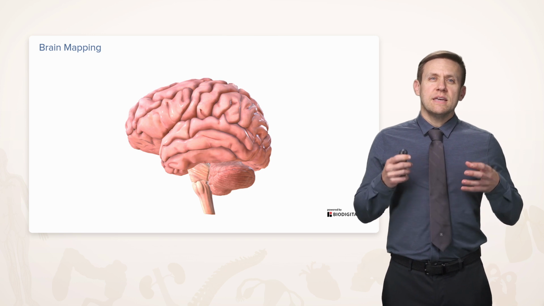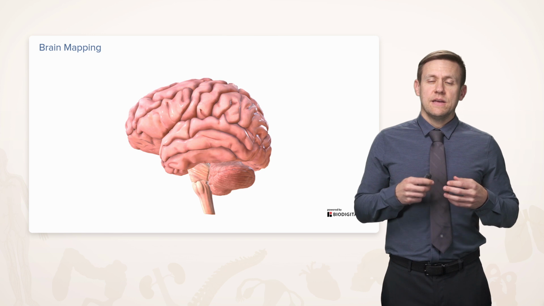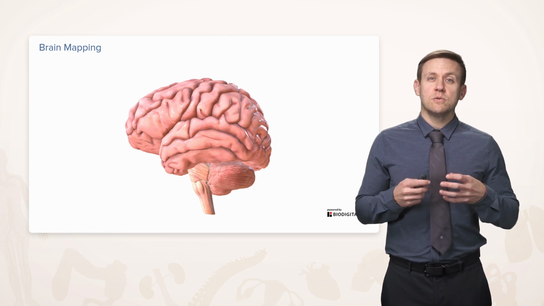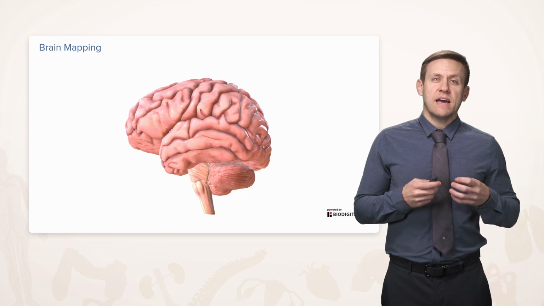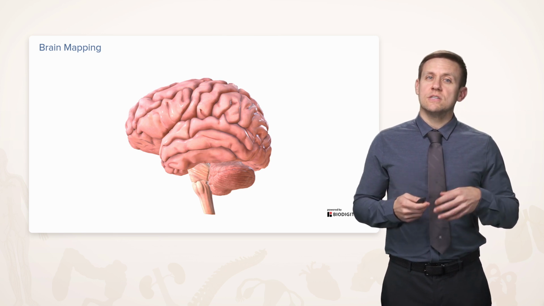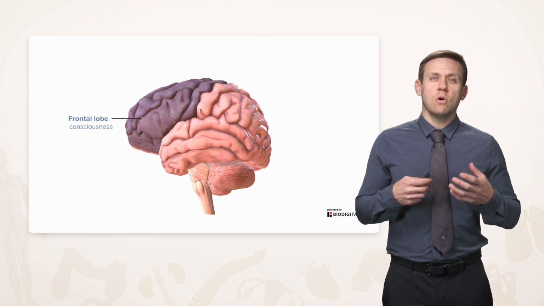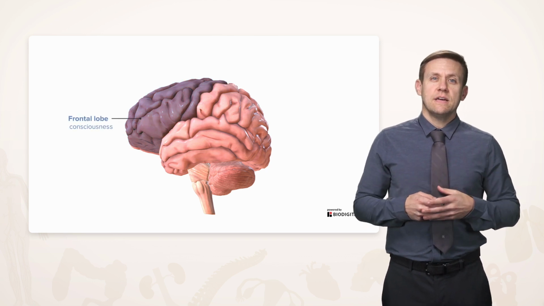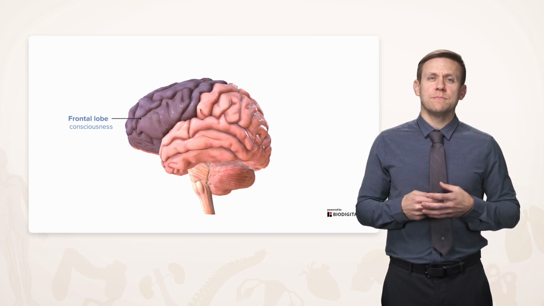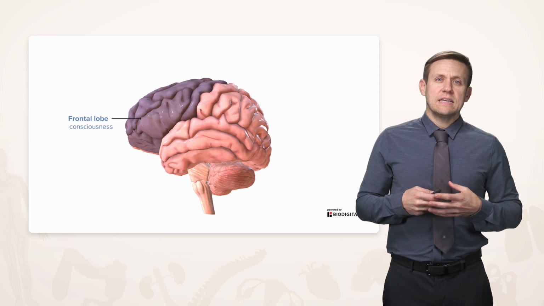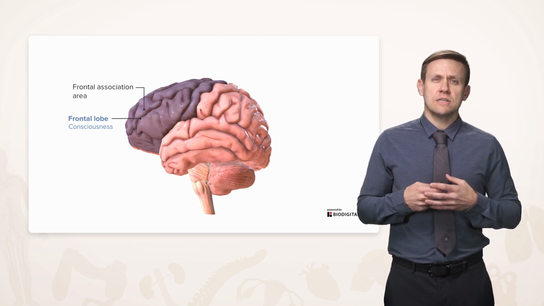Furthermore, even though the brain is very complicated, very interconnected, and many different areas have an influence on any given function, there are certain areas of the brain that have greater control over certain functions than others. For example, the frontal lobe has a greater control over consciousness, and many higher order functions are carried out by the frontal lobe, such as planning, development, and behavioral choices in the frontal association area.